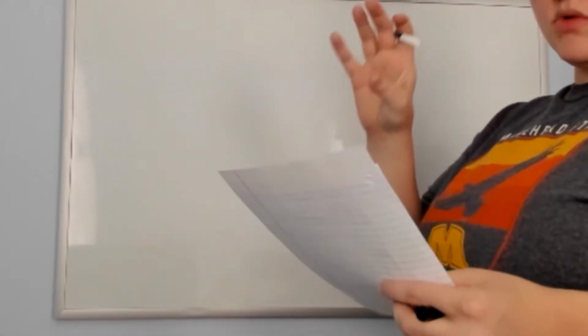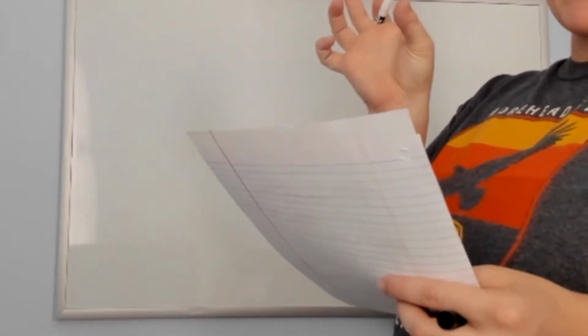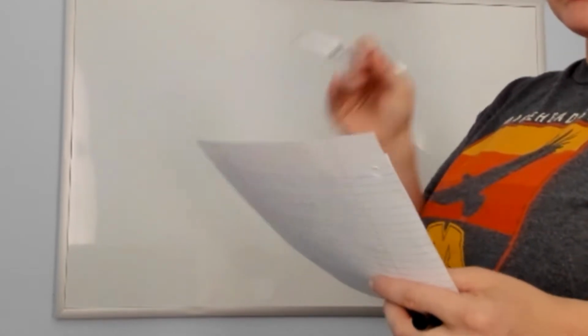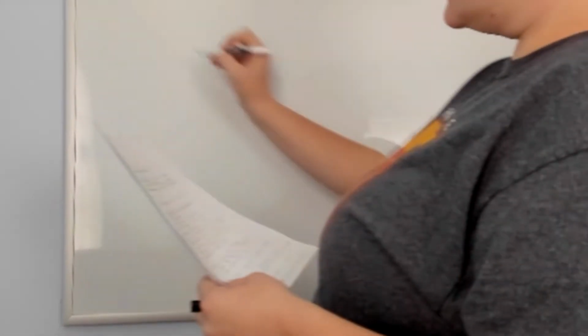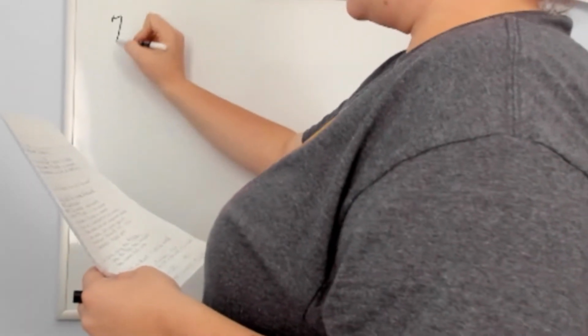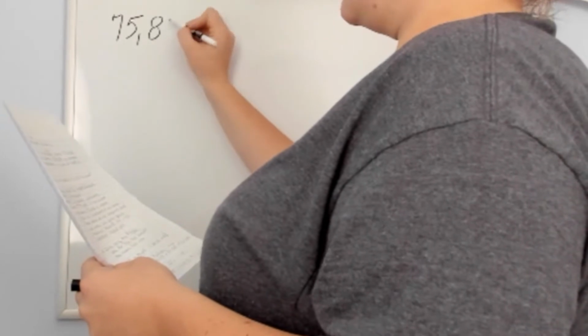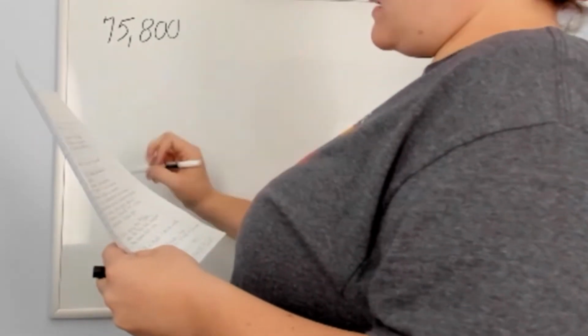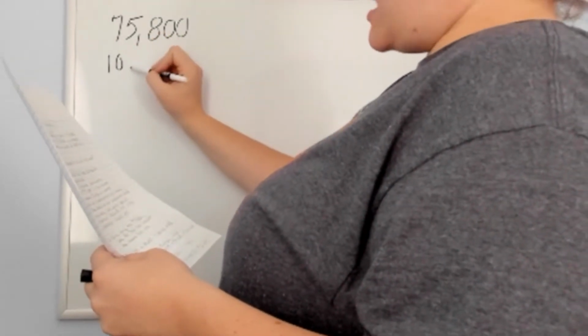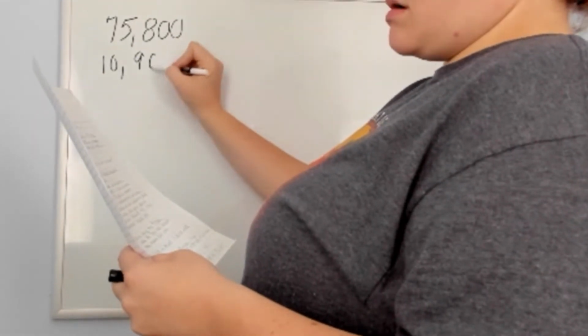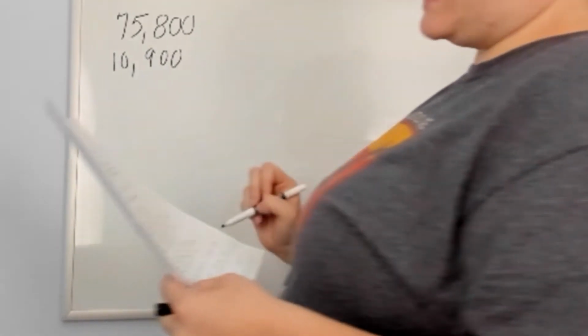There's a link on there. You click on that, then you look at the individual, and you're able to find the tax bracket that you need to use. So you have to decide: I know that I got the 75,800, and then there's also this 10,900 investment.